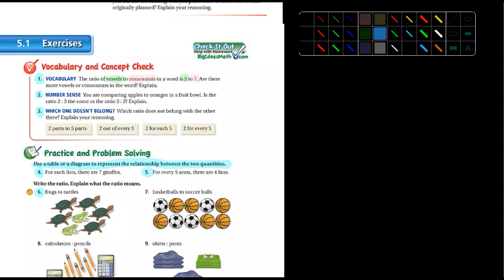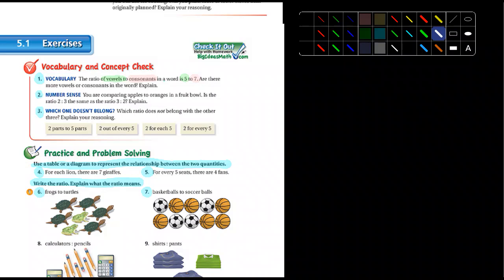It says write the ratio and explain what the ratio means. And you can do number 7. Let me see something here. So look at number 7 here. It says basketballs to soccer balls. It says write the ratio.